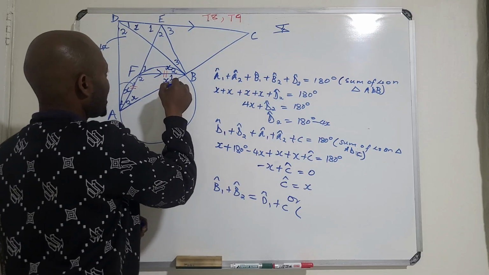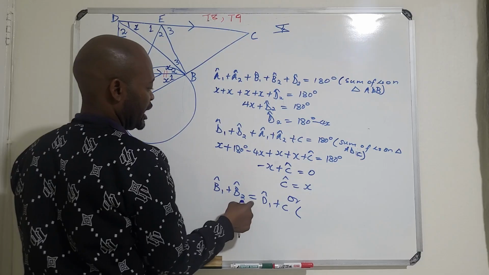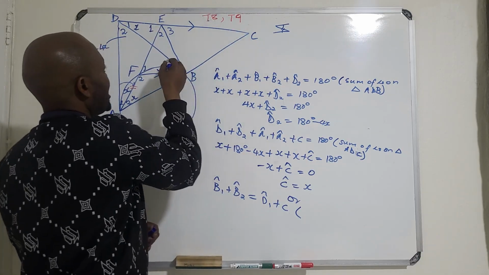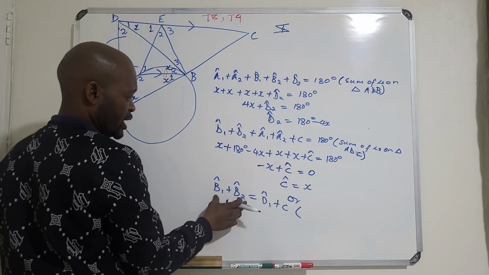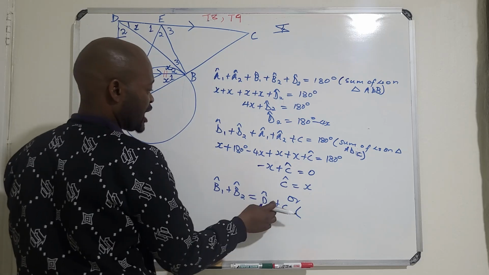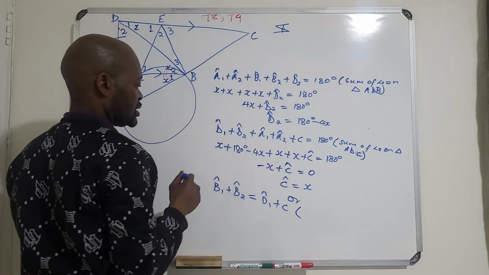Because the exterior angle of a triangle is equal to the sum of the opposite interior angles.